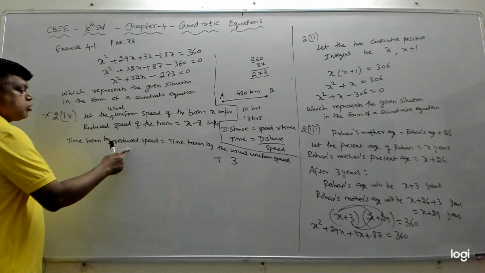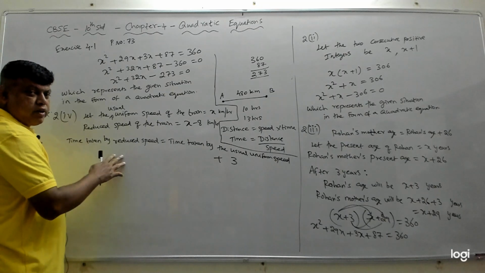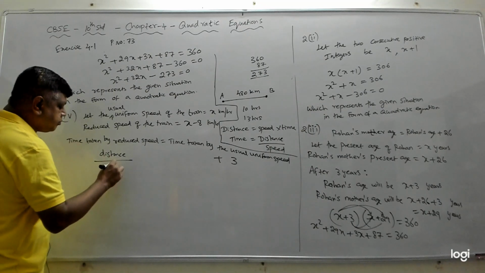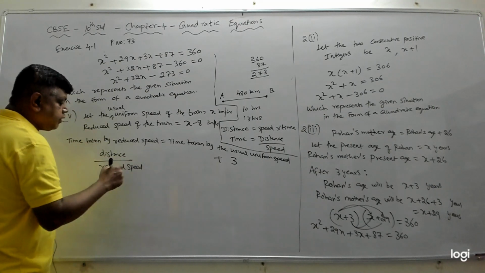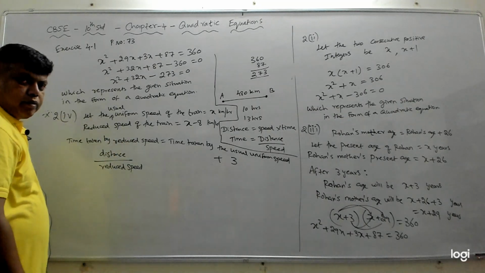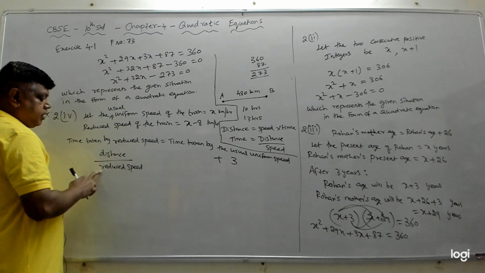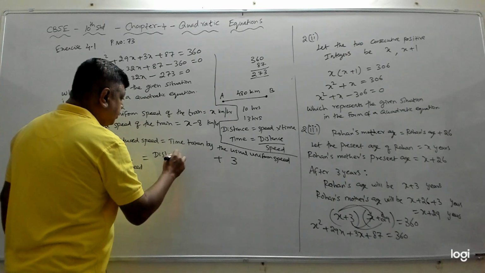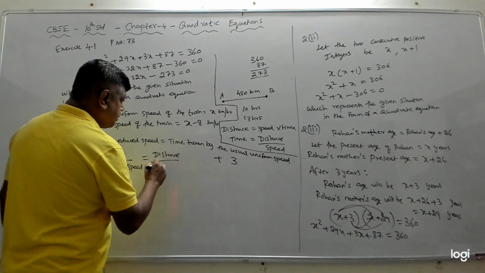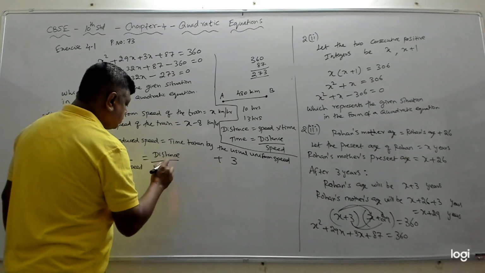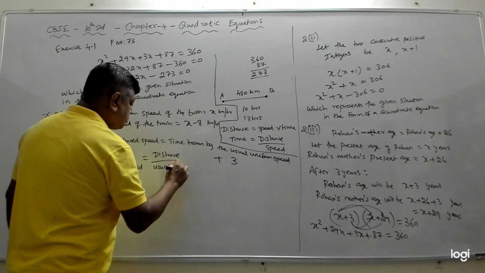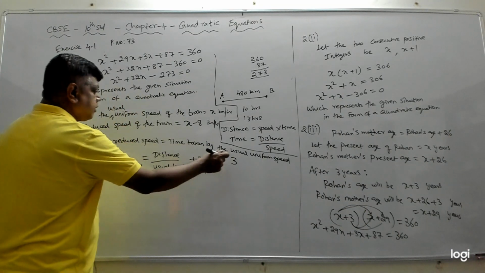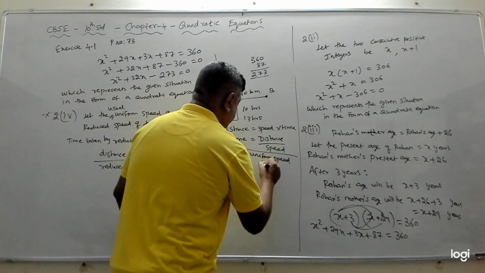Now what is the time taken by the reduced speed? Time is distance by speed, so the time taken by the reduced speed is distance by the reduced speed. That is equal to the time taken by the usual uniform speed, which is distance by the usual uniform speed, plus 3.